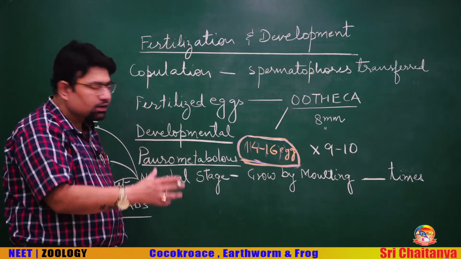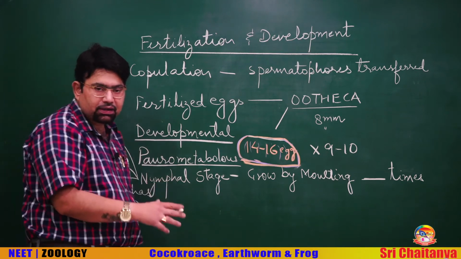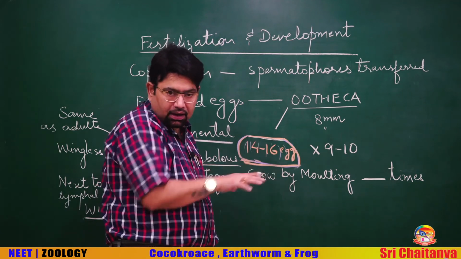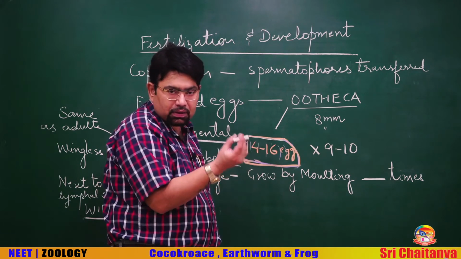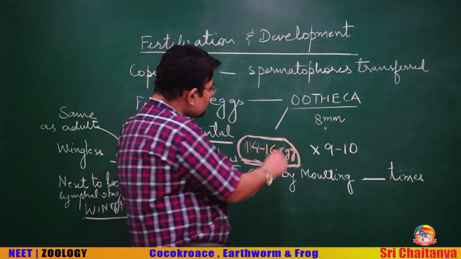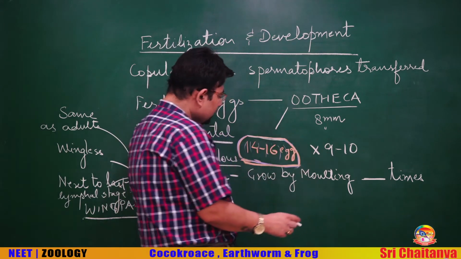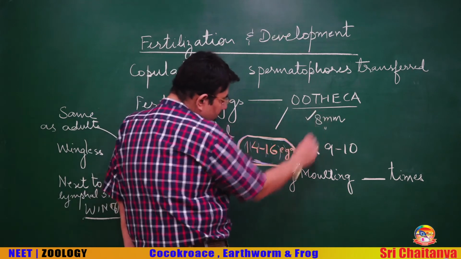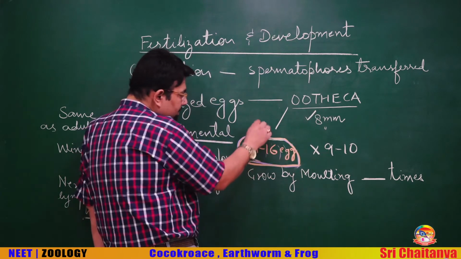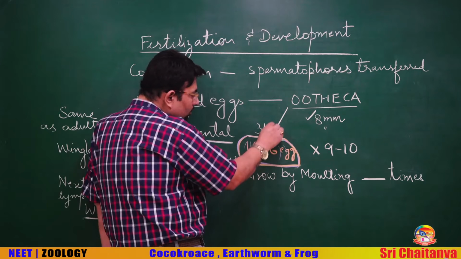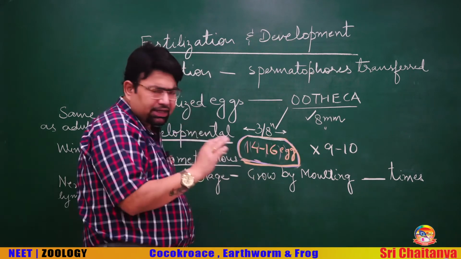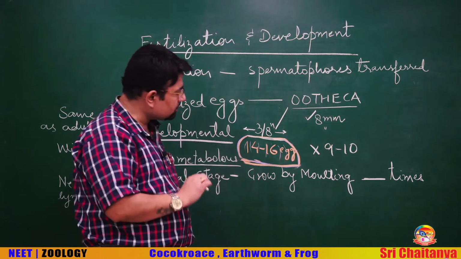When the eggs are fertilized, the eggs are encased in a bag or a small case which is called ootheca. Now this is very small, about 8 mm long, or you can imagine about 3 by 8th of an inch, a reddish brown, dark brown structure.